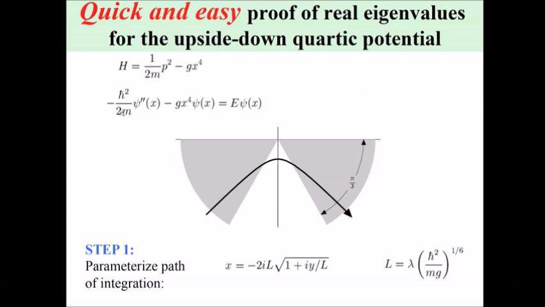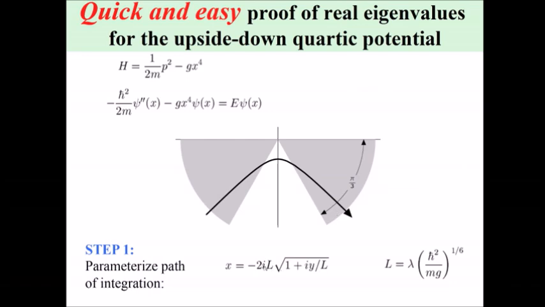Okay, so this is the Schrodinger equation. And you remember that we require that the boundary conditions are that the eigenfunctions vanish in this direction, and they have to vanish in this direction in the complex plane. And what I'm going to do is take a particular curve and parametrize this curve in the complex plane.